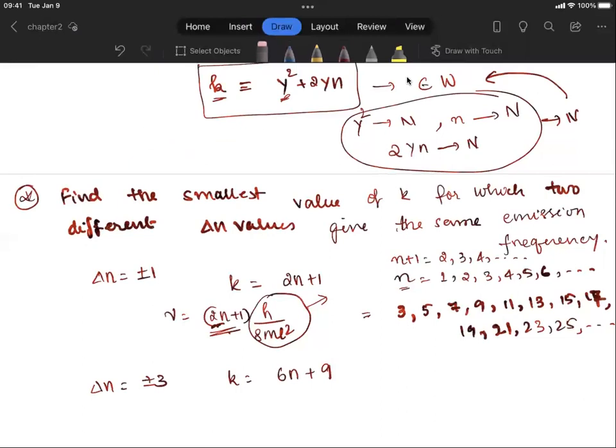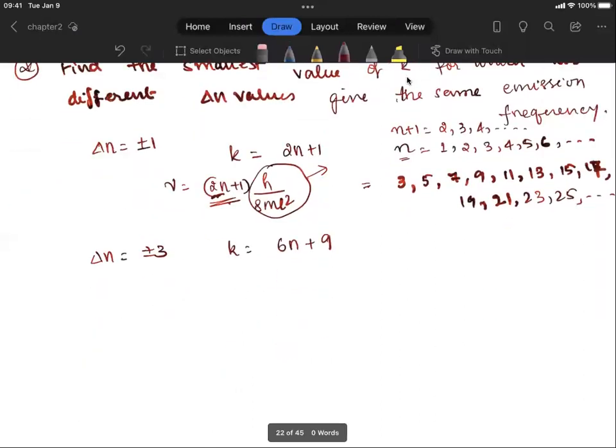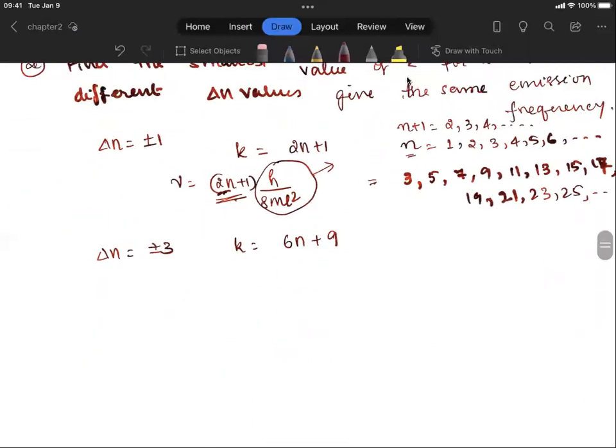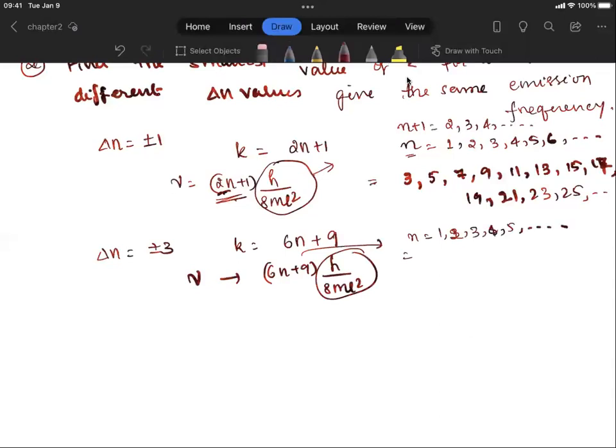When you have this, the frequency terms will be of the form where I'm going to ignore this part and only care about that. Again, the lower values will always be 1, 2, 3, 4, 5, and so on, and the upper values can be 4, 5, 6, 7, 8, and so on.